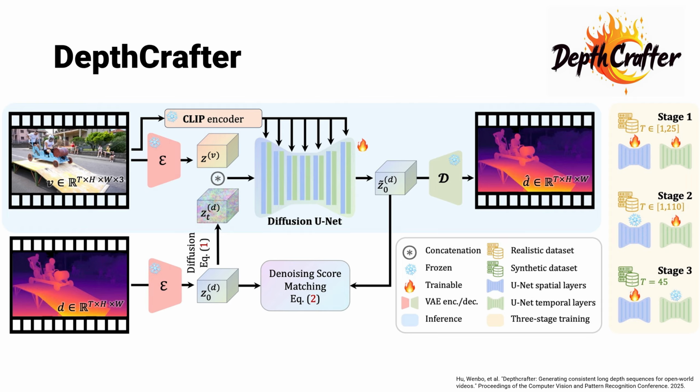So this paper called DepthCrafter basically does something really clever, which is it uses a conditional diffusion model to get depth over a sequence of input images or a video, right? The model is essentially trained in 3 stages. In the first stage, the temporal and the spatial layers are progressively learned based on compiled realistic and synthetic datasets of different lengths of time, right?